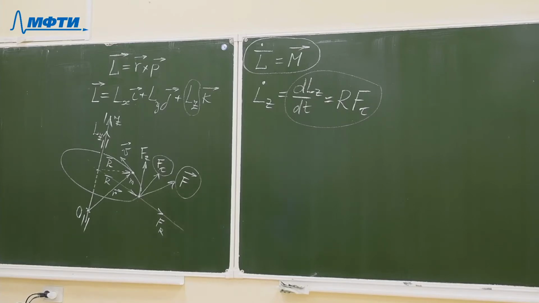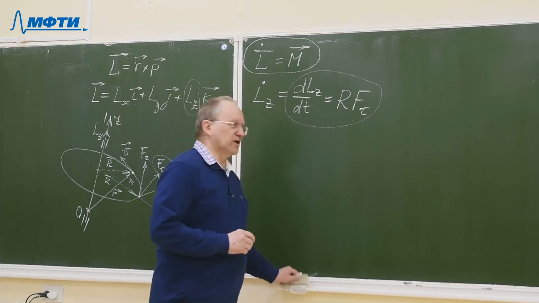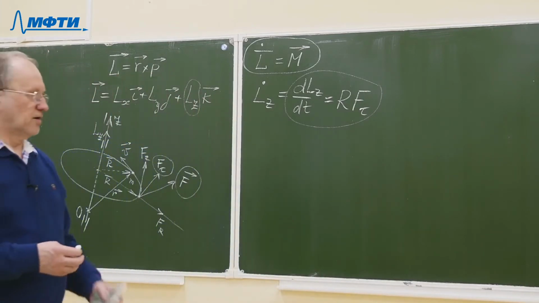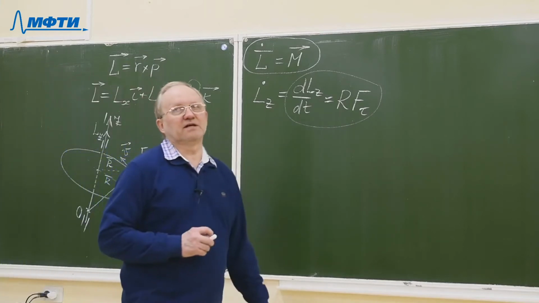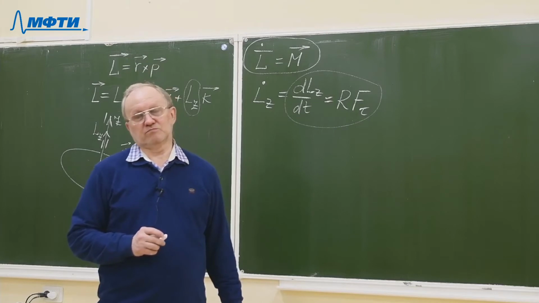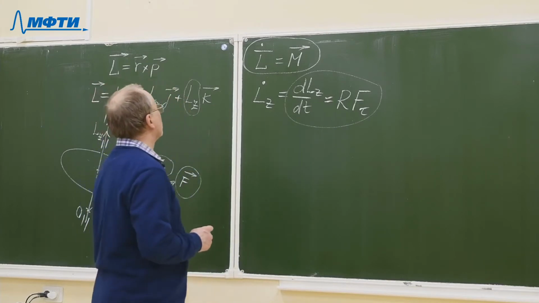And now we go further, and we will try to apply the concept of angular momentum in mechanics of celestial bodies, in the motion of the planets in the solar system.